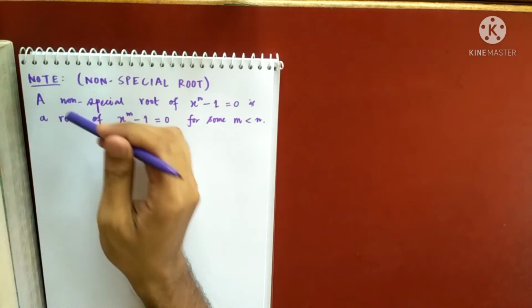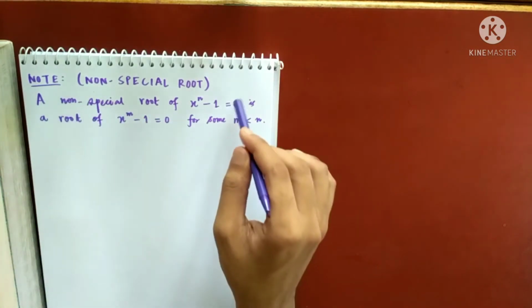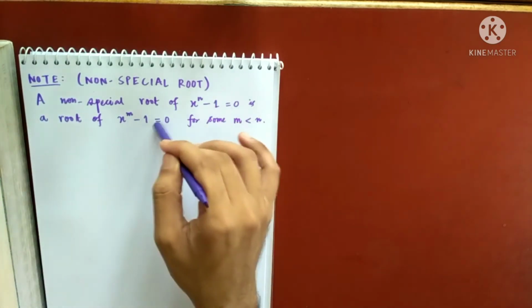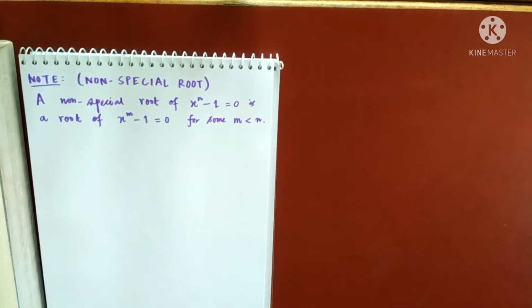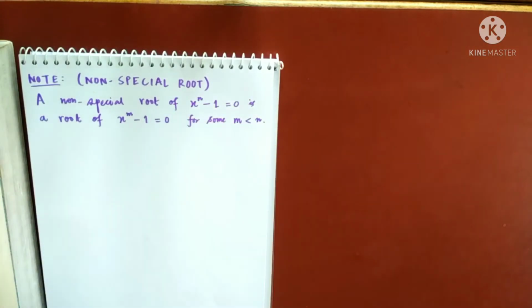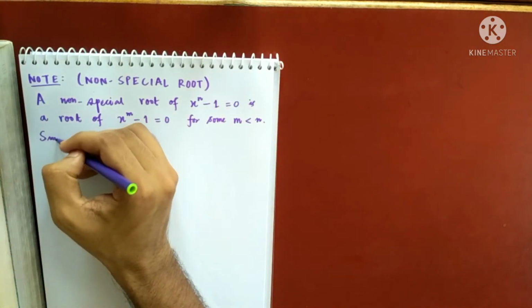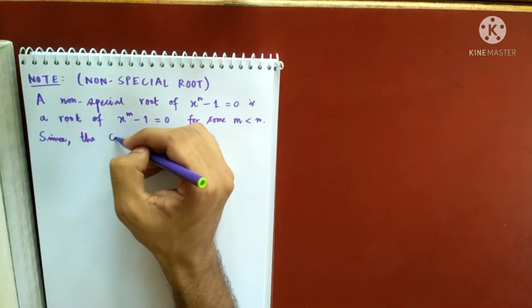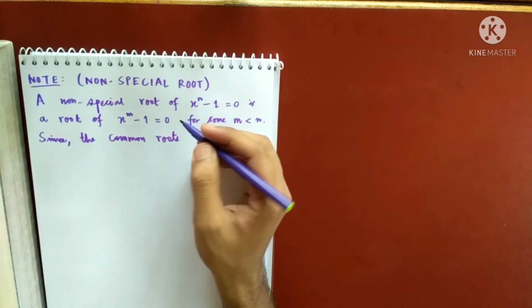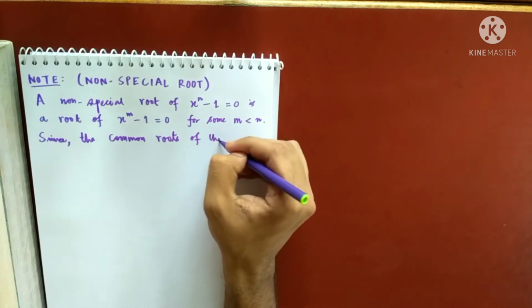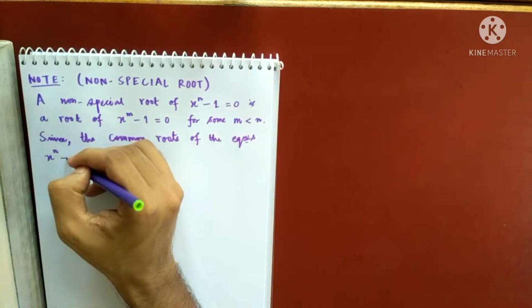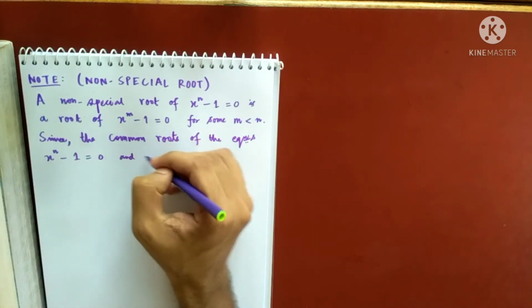Again, I'll repeat. Take that non-special root to be alpha, and alpha is also a root of this. That means alpha is a common root to both of them. So let me write that down. Alpha will be a common root to both of them. But what I know about the common roots of the equations x to the power n minus 1 equals to 0, can you tell me what about the common roots?